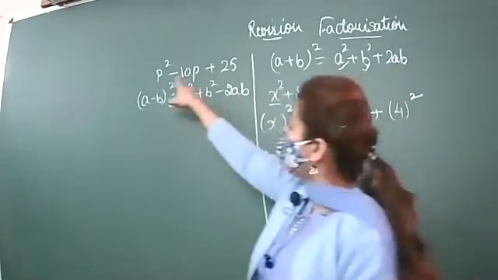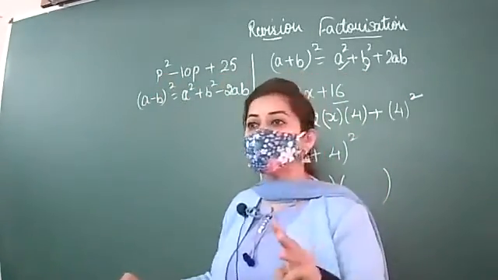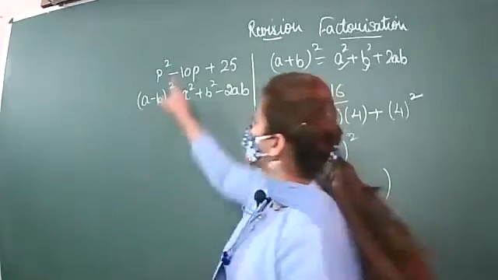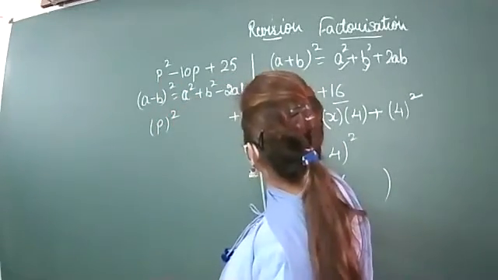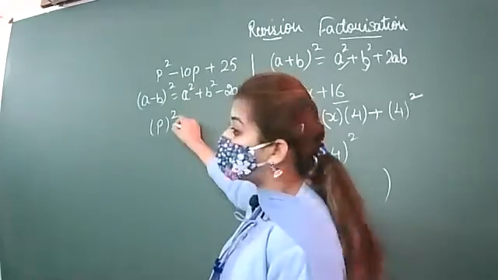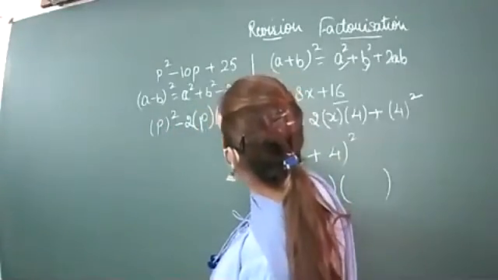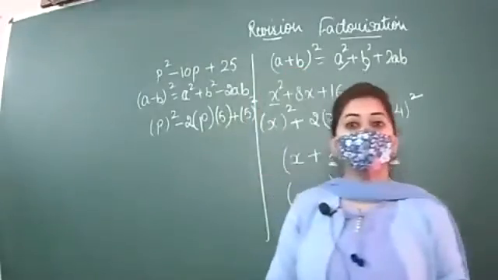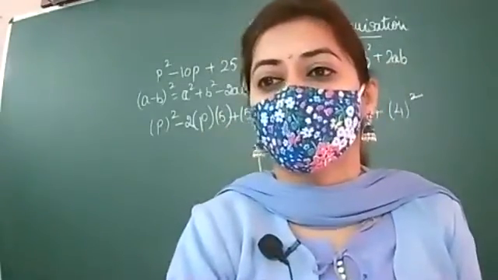Both are the same. Now, as you can see, three terms are given and out of these three, 2 are perfect squares. So this is your a square, this is your b square, and in the middle you have 2 into a into b. Any doubt? Multiply this, check you are getting 10p again.